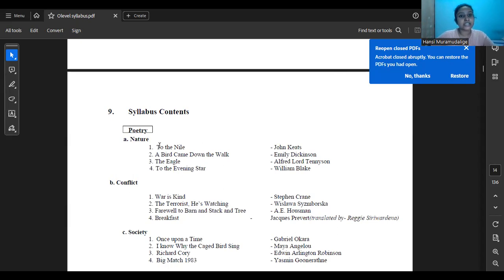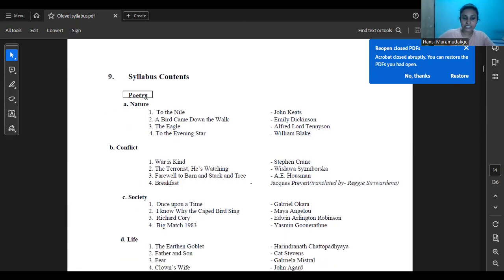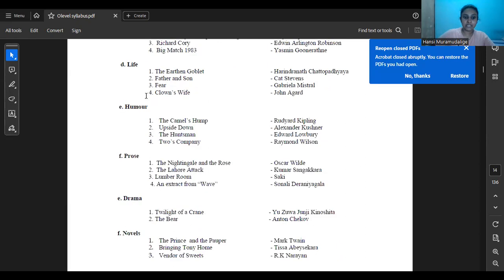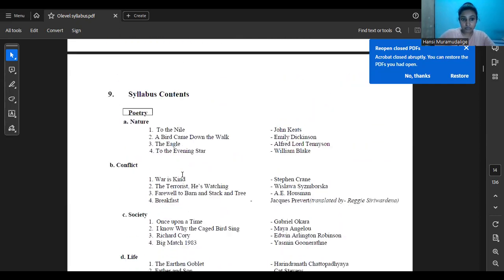Now this is for both grade 10 and 11. You have only one book for both grade 10 and 11. Right? So there we have poetry basically, right? Poetry. Then we have prose, drama and novels.